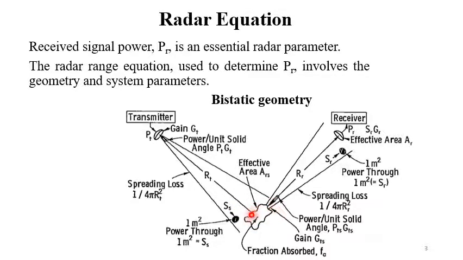Now since the target is actually re-radiating and absorbing the transmitted power, we have to consider some effective area of this target as well, and that is written as ARS, and power per unit area at the receiver point SR. Also during this journey we have some spreading loss written as 1 by 4 pi RR square. So with this, let us try to understand the radar equation.